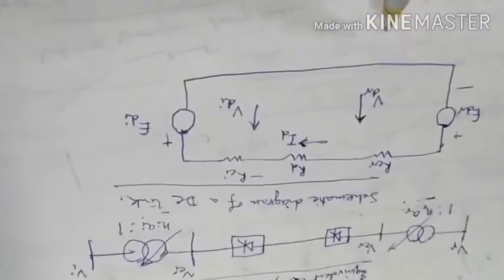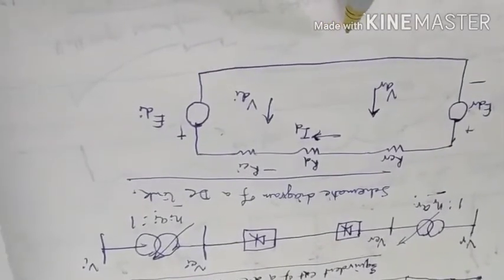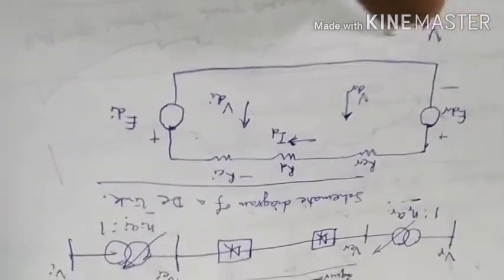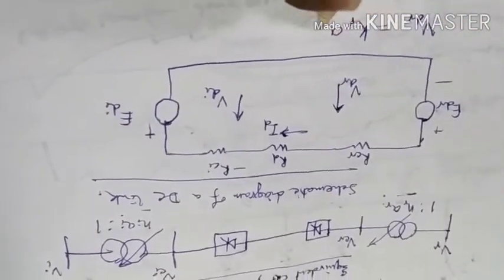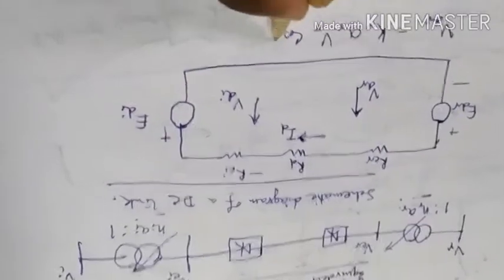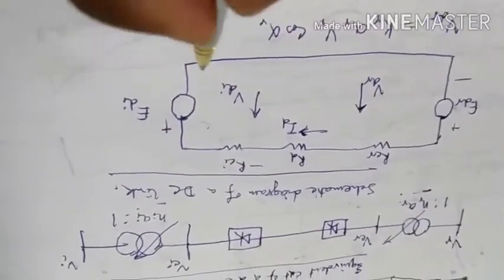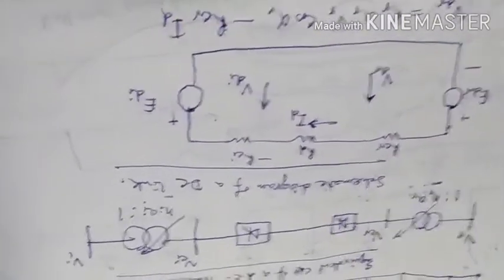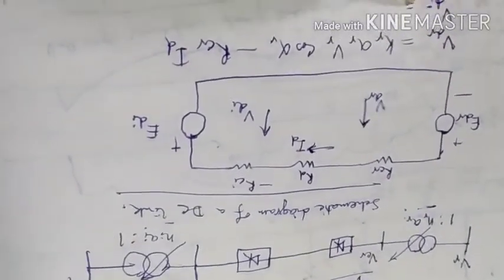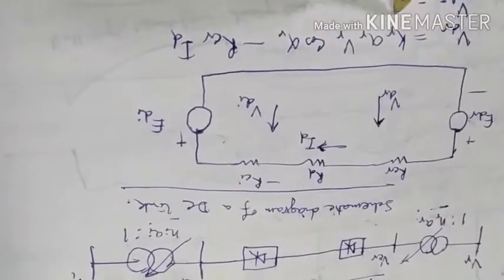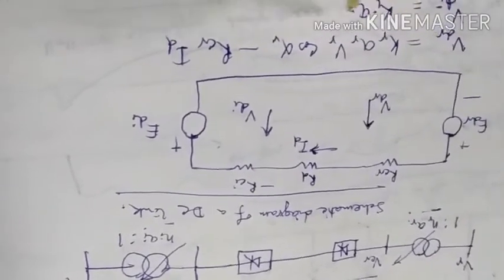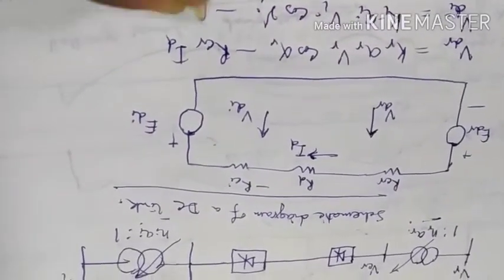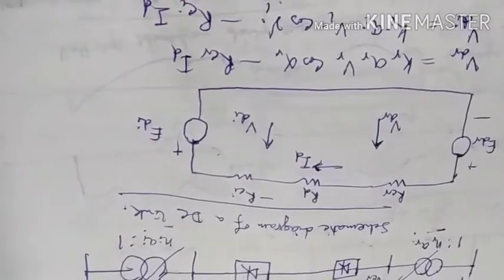So in per unit quantity, the DC voltage equations in a steady state condition are given by: VDR equal to KR AR VR cos alpha R minus RCR ID. This is the first equation. Another equation, VDI, this is for rectifier, this is for inverter: KI AI VI cos gamma I minus RCI into ID.